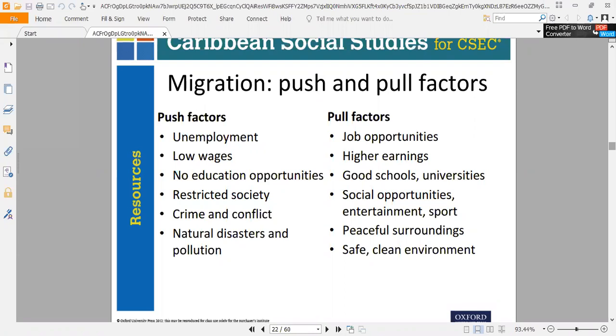Now, there are many types of migration, right? But let us look at the push and the pull factors first. So, push factors, would you say negative, positive? Which are the negatives and which are the positives?